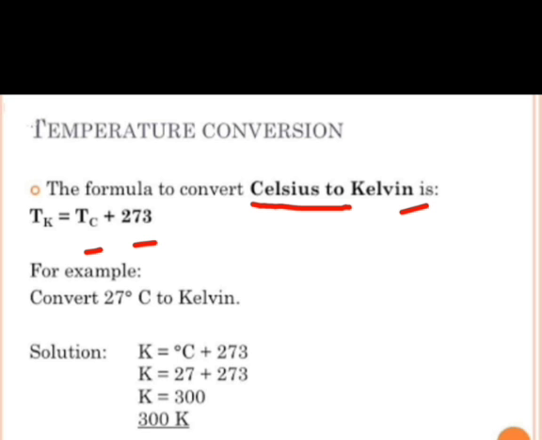For example, convert 27 degrees Celsius to Kelvin. The solution: we have the formula K equals C plus 273. What is the value on the Celsius scale? 27. So 27 plus 273, and we find K equals 300 Kelvin.